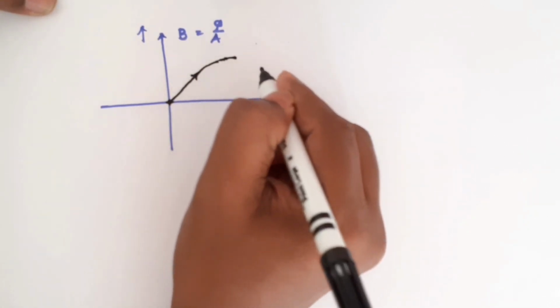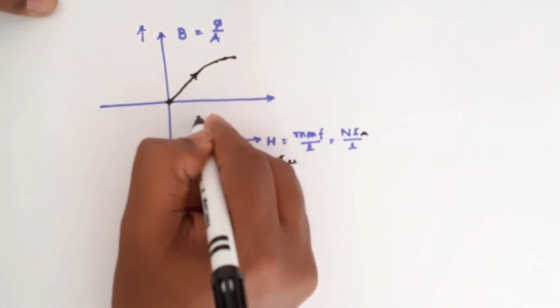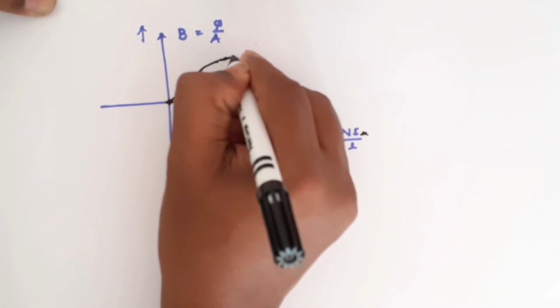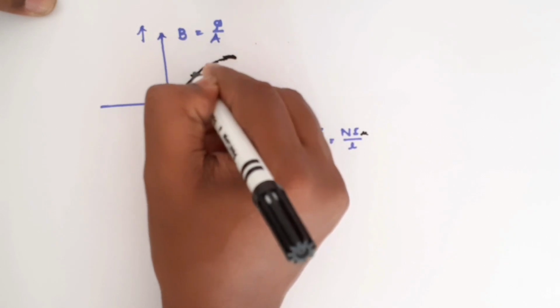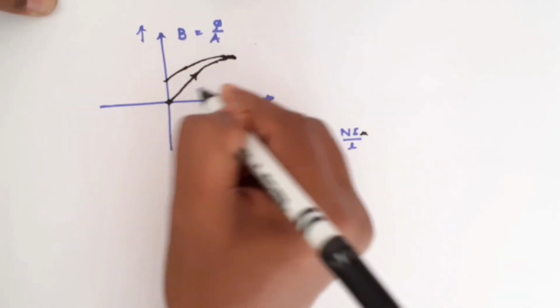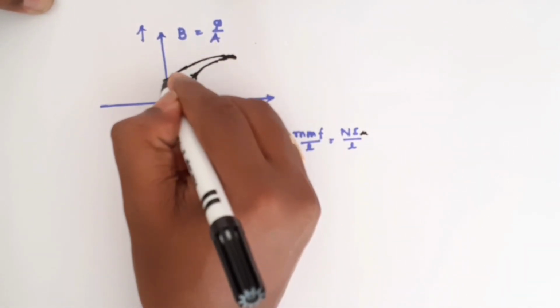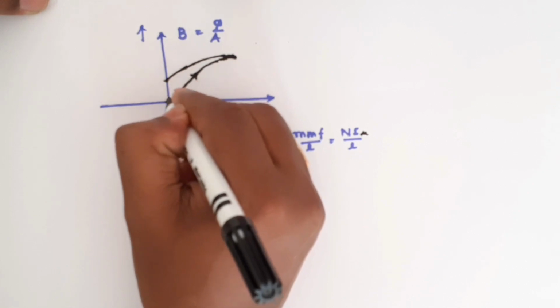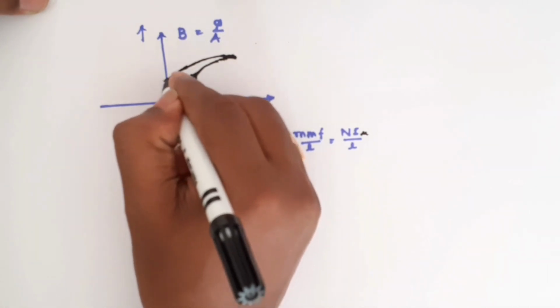Now, if I decrease the current in this direction, then flux will decrease, but it will not decrease in the same fashion as increasing. When the current is again 0, here current is 0, but flux is not 0. This amount of magnetic flux is called residual flux.